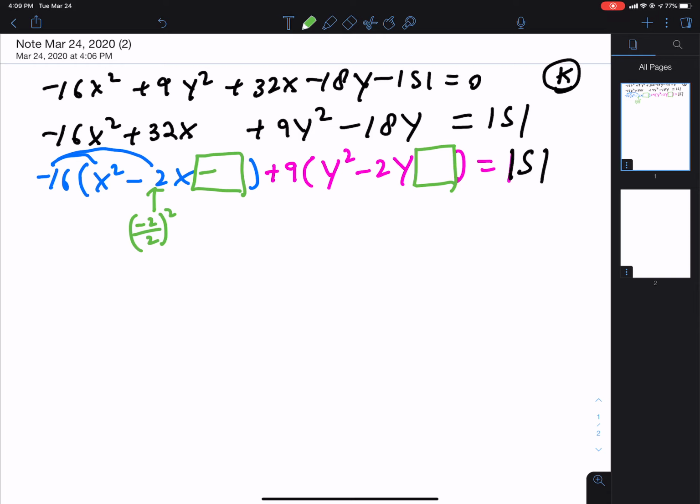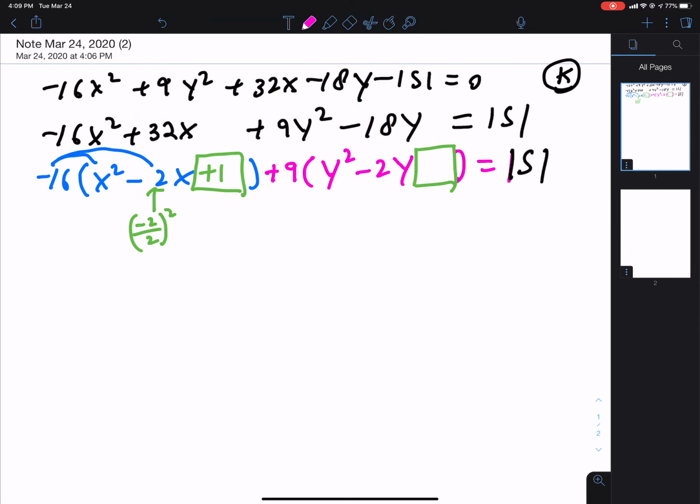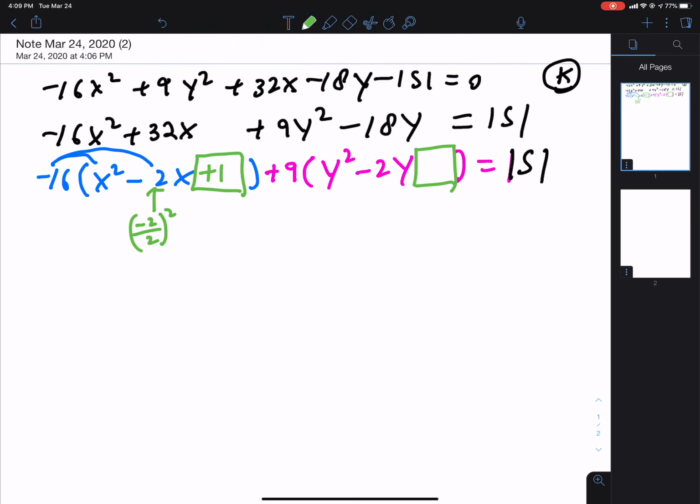So my magic number here is 1, and I have to take half of this number, so I divide that by 2 and square it, and that's also 1, which is kind of nice for you guys.